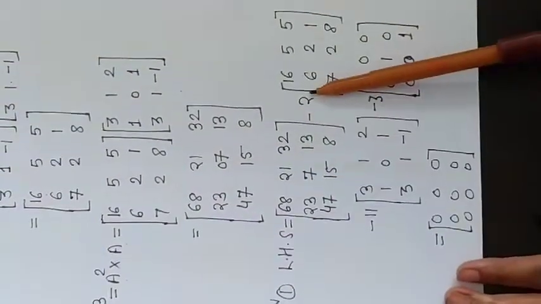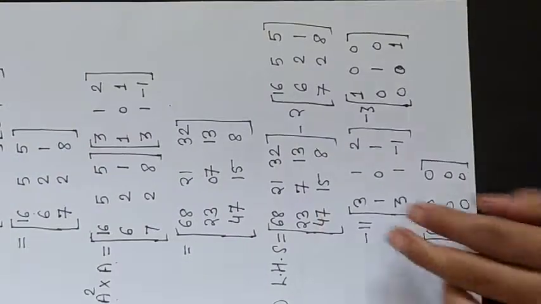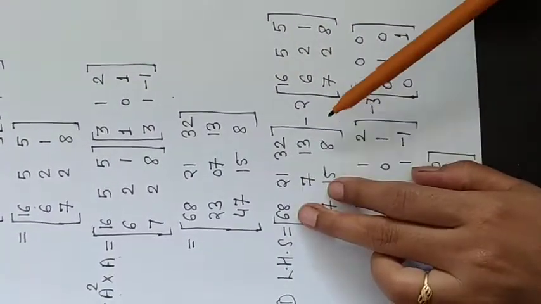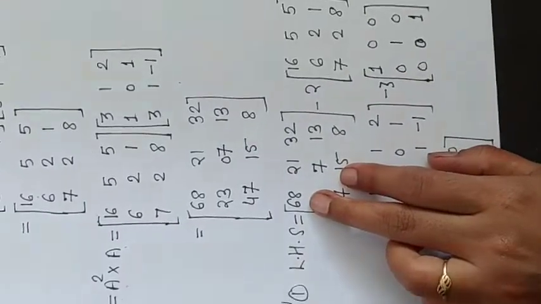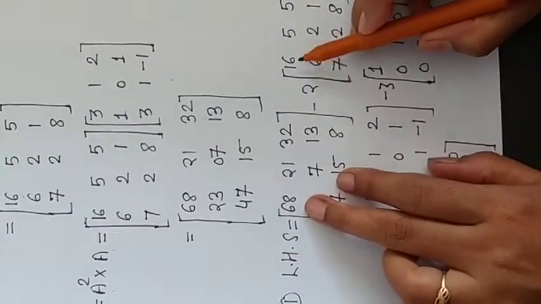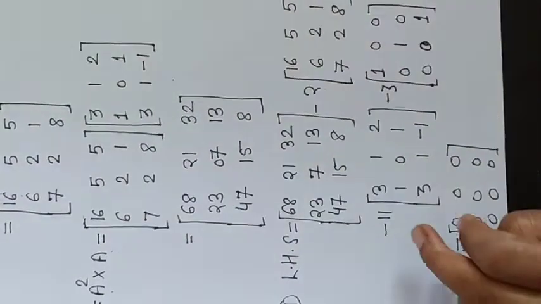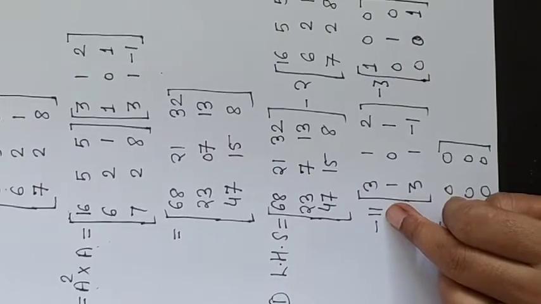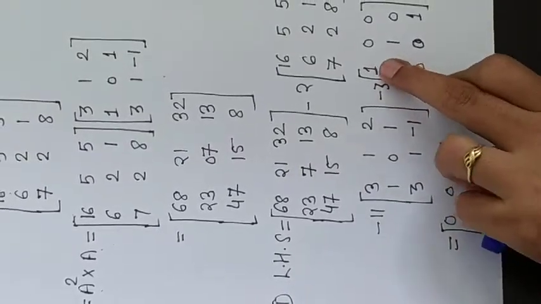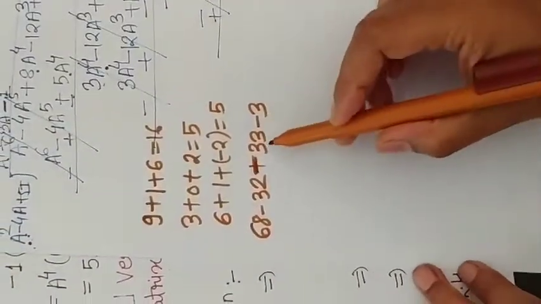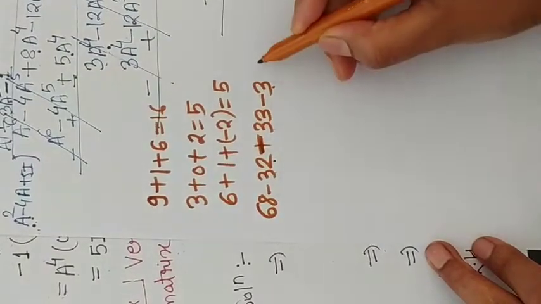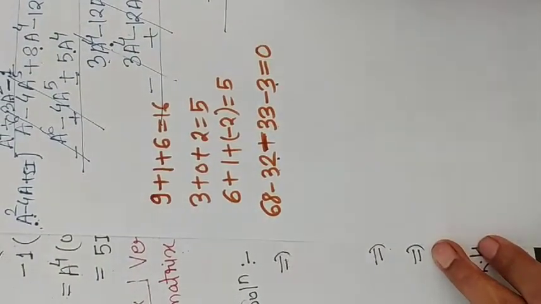Now simplifying this, we'll do the simplification of corresponding elements. So it is 68 minus 2 into 16, 32. Then minus 11 into 3, minus 33. Then minus 3 into 1. So minus 3. Right, see this, how much it comes out to be. This is 36 plus 2, 38 plus 30, 68. 68 minus 68, 0.